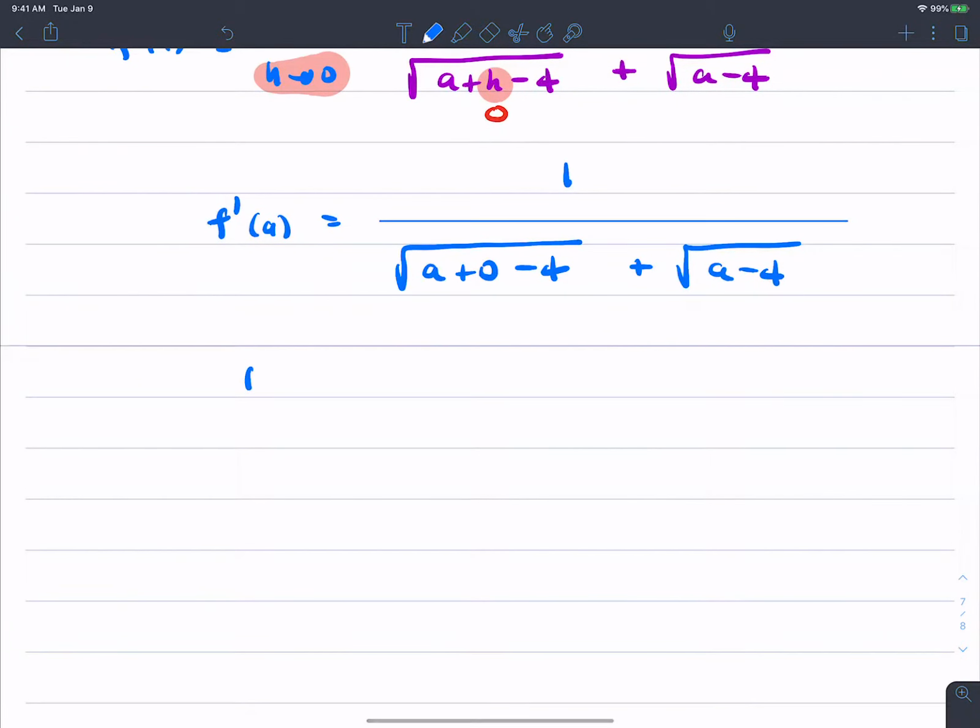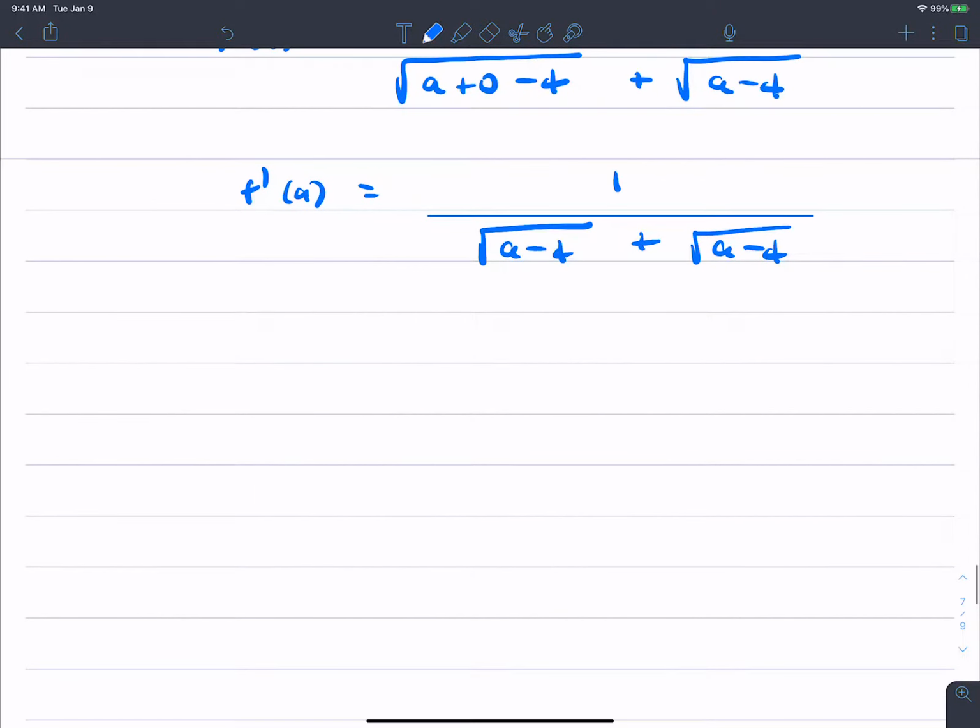And you say, what does this become? 1 over square root a minus 4 plus square root a minus 4. Combine like terms. Here you guys go. Here's f prime of a. It's 1 over 2 square root a minus 4.